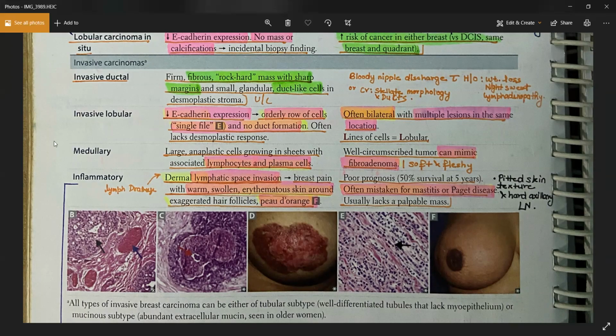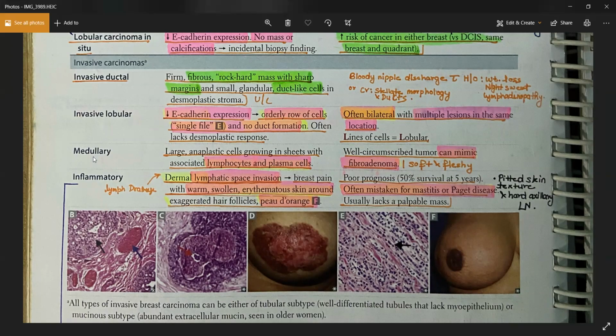Then you have the medullary carcinoma. These carcinomas have lymphocytes as well as plasma cells. So whenever you have this kind of a medullary carcinoma, it will make you think that this could be a case of inflammatory conditions, right? And this tumor can also mimic the fibroadenoma because it is a well-circumscribed tumor.